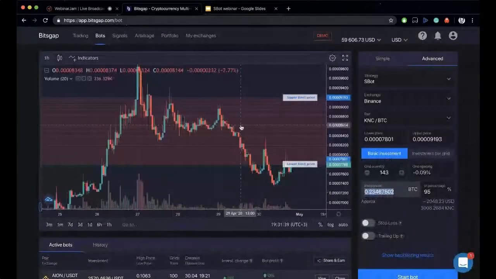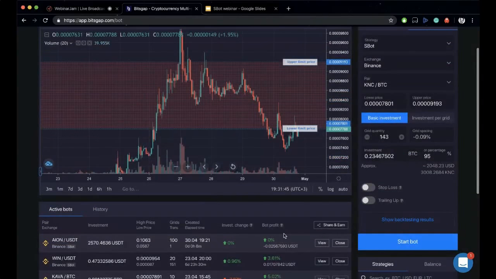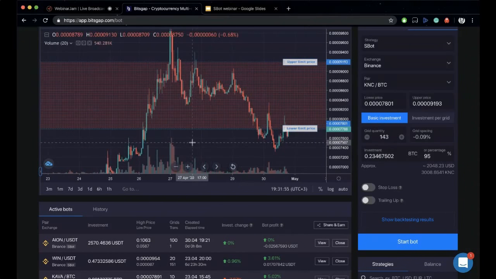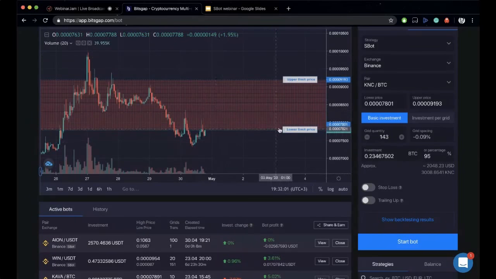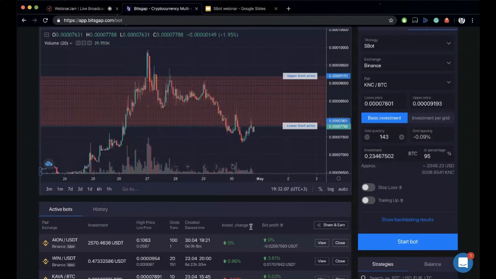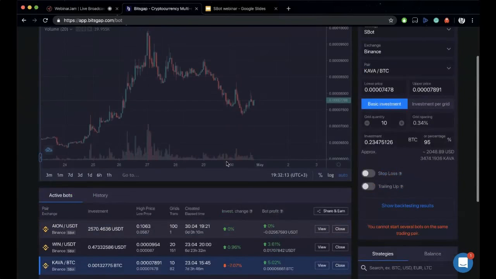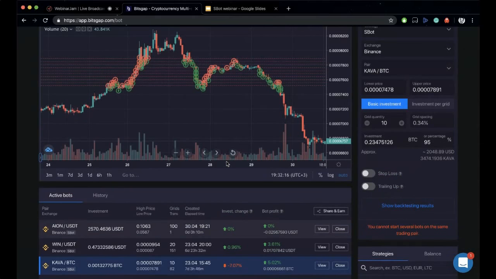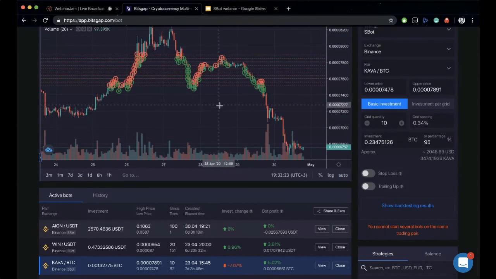Why so? Well, regardless of the market direction, the bot itself makes profits. All right. So it's looking for the opportunities to buy low and sell high. But of course, the optimal scenario is a rising market or the sideways. Because when you see the falling market, in this case, yes, the bot will be making profits for you. Like in this example that I have, Kava trading to BTC, you can see it went beyond the trading range from now.